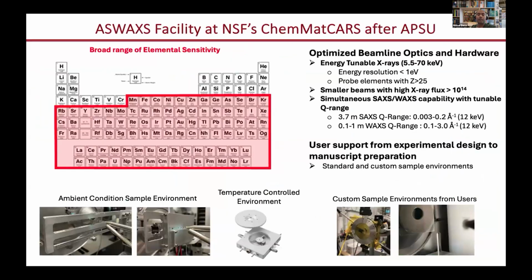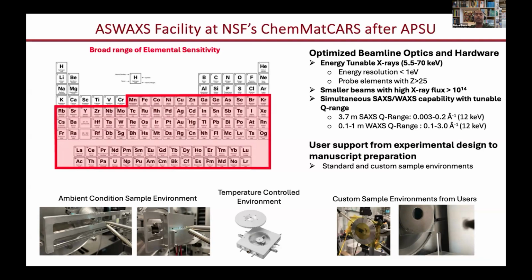With that broad scope of science which we would like to do here in the SAXS facility, we are providing very optimized beamline optics, which is necessary for collecting such SAXS data over an energy range. So what you need is a huge tunable energy source, which our beamline provides.